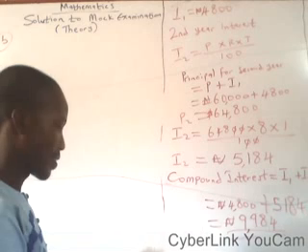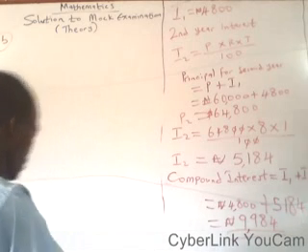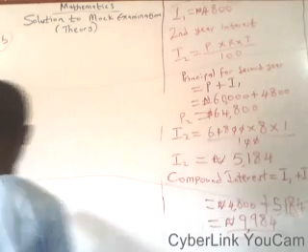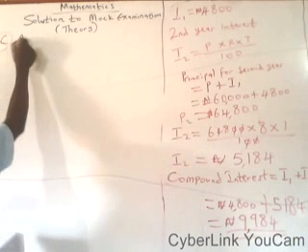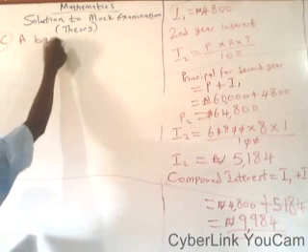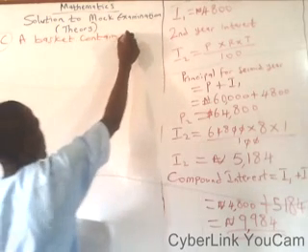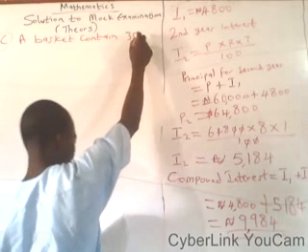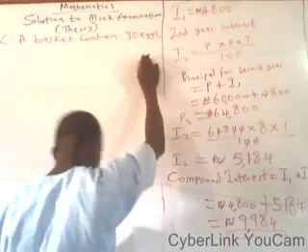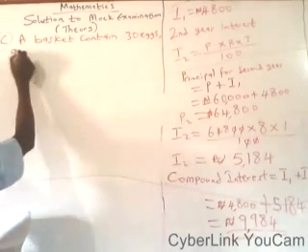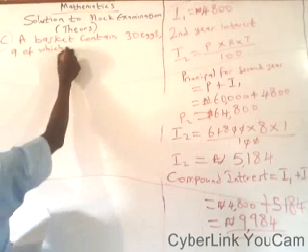Question 1C says that a basket contains 30 eggs, 9 of which are bad.